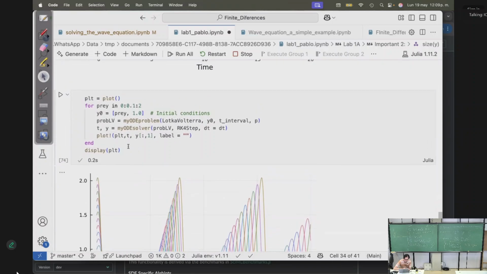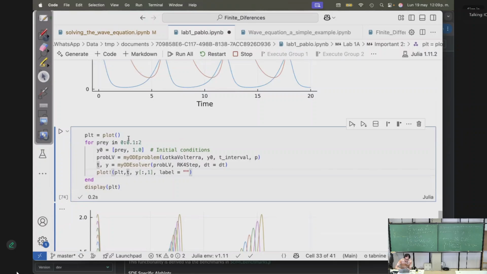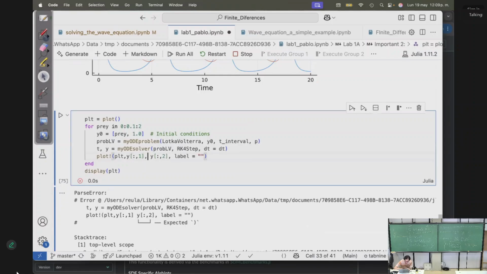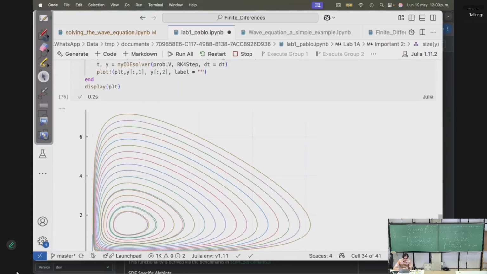But instead of plotting this, let's try to plot again this here.